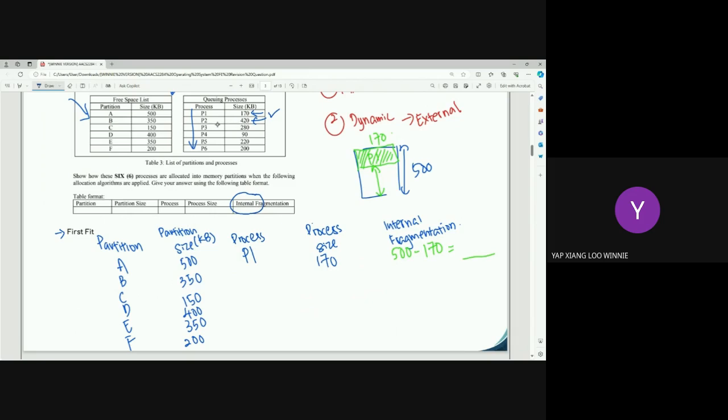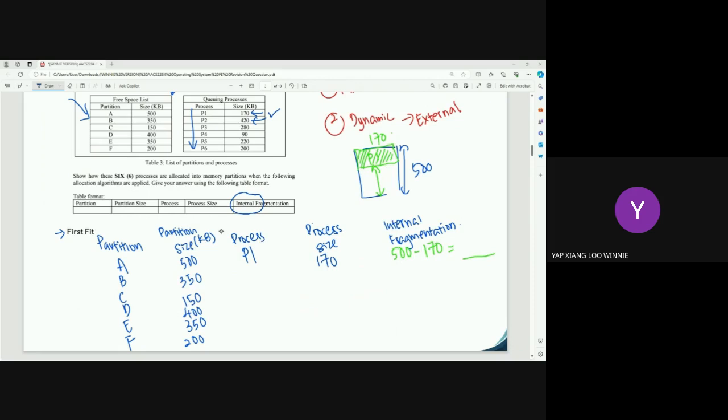Which means at this moment, process 2 cannot be put into any partition B, C, D, E, F because the size is 420. There's nothing that can hold 420. You cannot say combine, like, can I combine partitions B and C, then it can hold process 2? No.